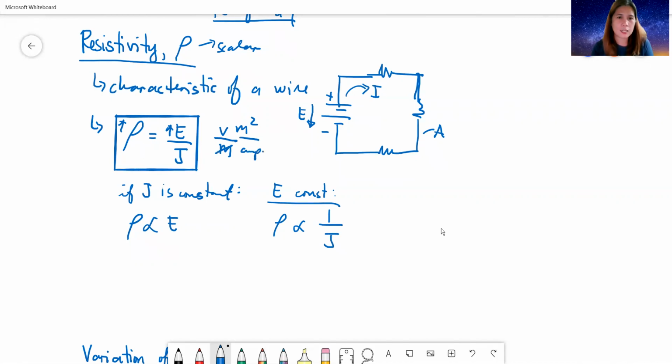So that gives us volt meter per ampere. That's the unit for resistivity.